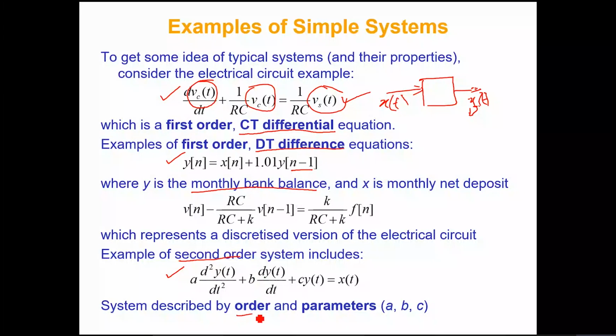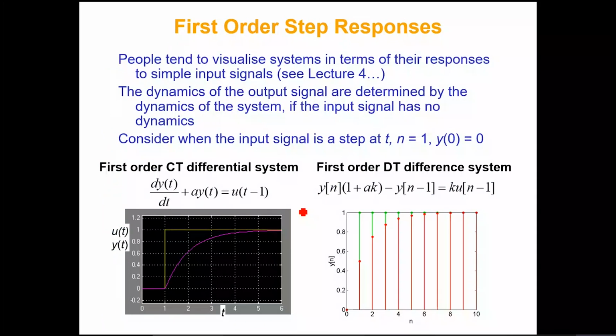The order of the system will be determined by the highest order differential, whether of y or of x. Similarly, for discrete time, it will be the highest difference, whether with y or with x. So the highest difference will determine the order of your difference equation. This is more or less what we covered last time, just a review.